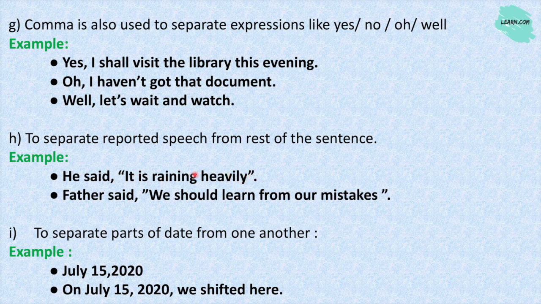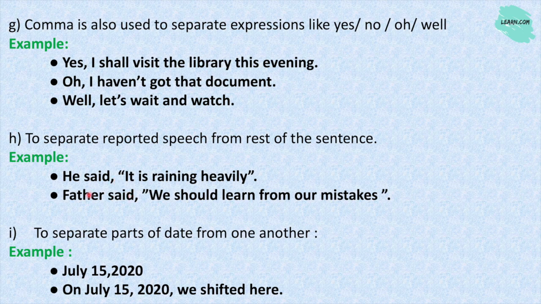Now when we want to repeat the exact words of the speaker, we put them within the double inverted commas. Now the speech which is within the inverted commas is called the reported speech. This is separated from the other part of the sentence with the help of a comma.